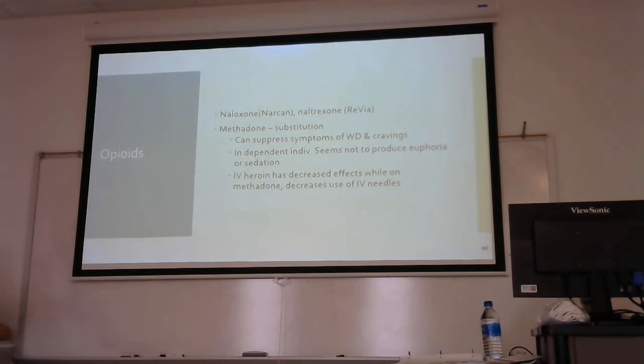They act a lot like the heroin, but they're not as strong. And if you use heroin while you're taking these, the effects are not the same. So the point of this was to get patients down off the heroin to a drug that was less addictive, and then start working on getting them off of that.